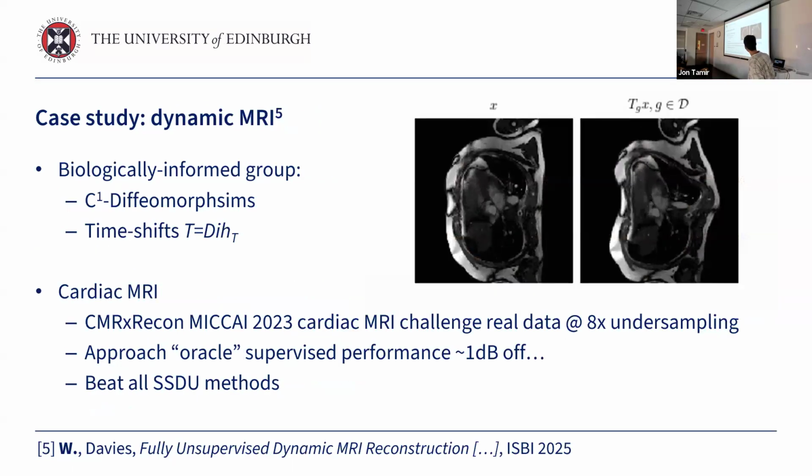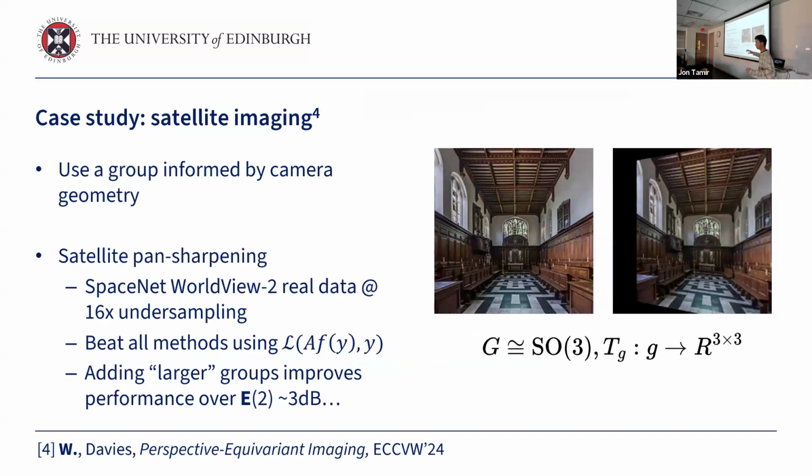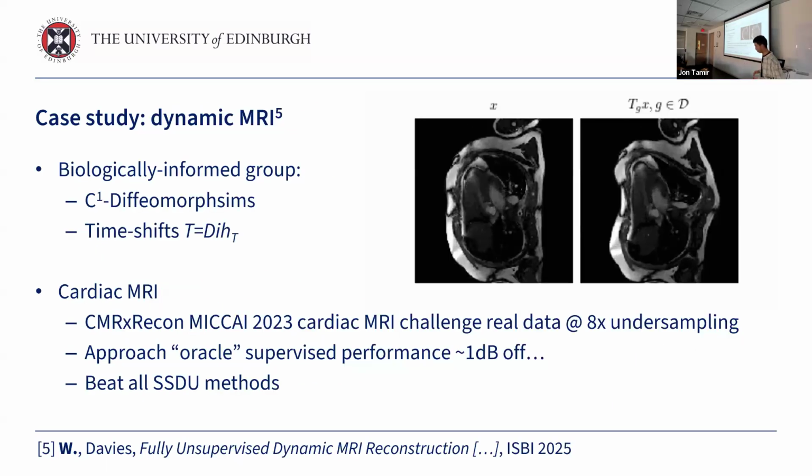So going back to the dynamic MRI example, which I used to motivate the talk as well, now we can use some other kind of beliefs that we have. Before, these were beliefs that we have of the imaging system, so the way the satellite interacts with the Earth. Here we want to use some beliefs that we have, for example, that I said with the knee before. So in image registration, in the medical imaging literature, people use smooth warping to perform image registration.